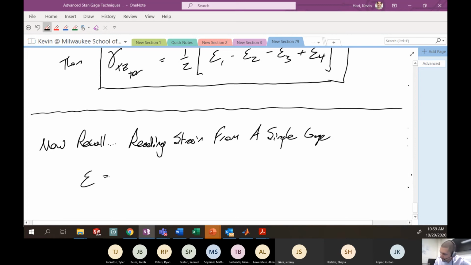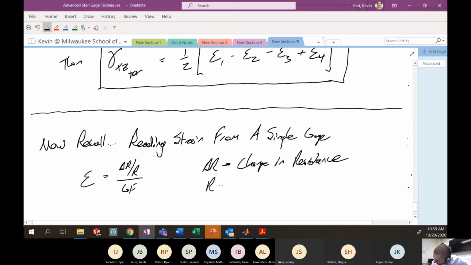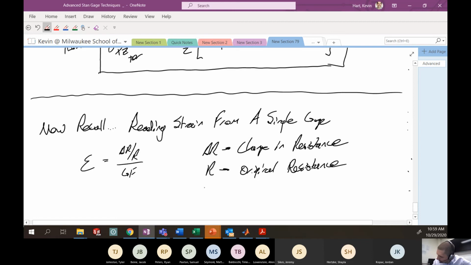So remember that the strain we get from one particular gauge is the change in resistance divided by the original resistance divided by the gauge factor. And then GF is gluten-free. No, gauge factor. So these are your strain readings from a singular gauge.